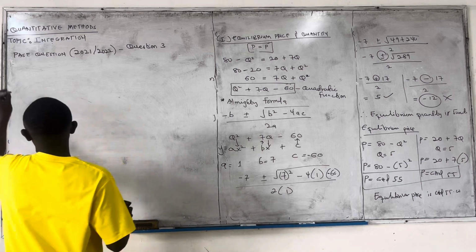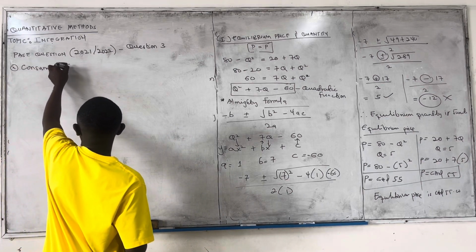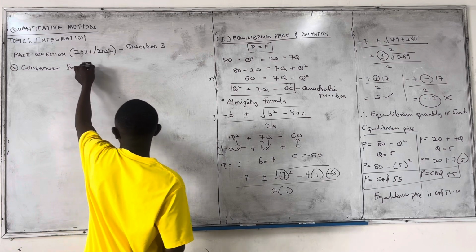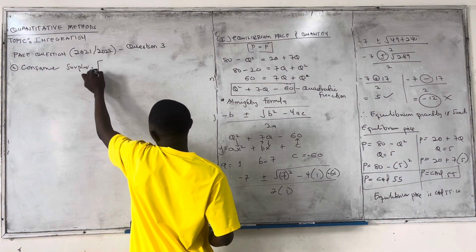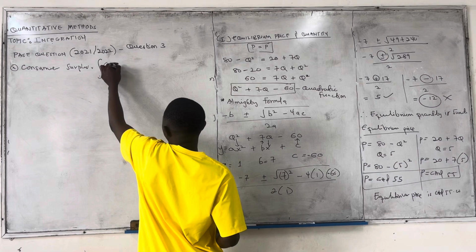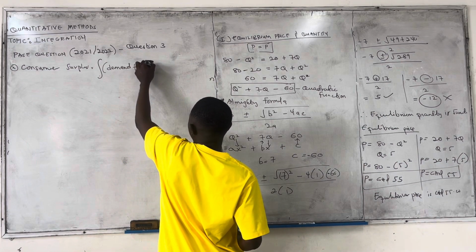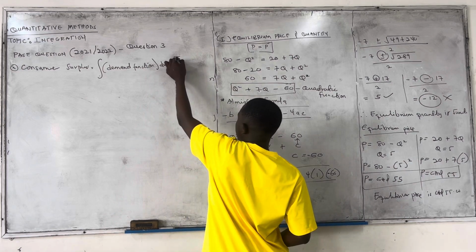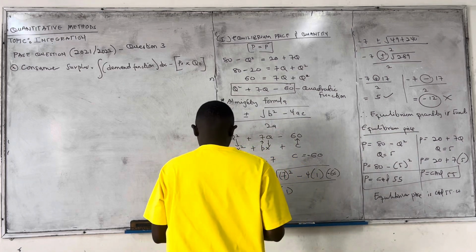So consumer surplus, we know it to be the integral of the demand function minus price times quantity.